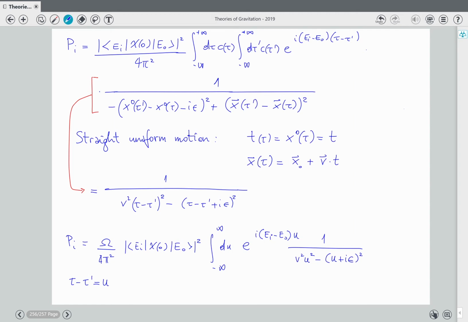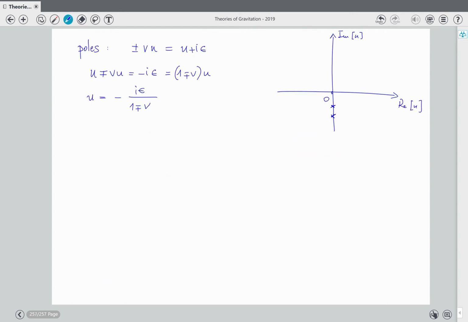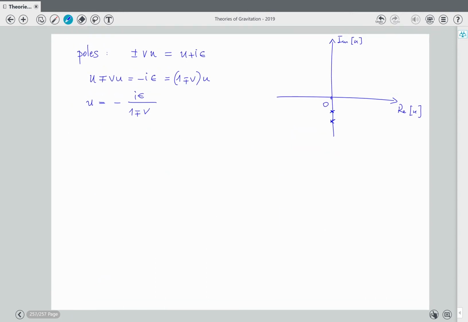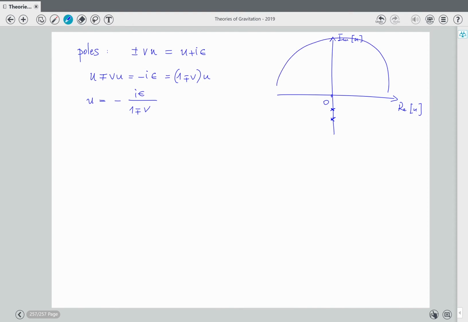but in the upper half plane, the exponential e to the i (Ei minus E0) u is decreasing, because Ei is certainly greater than E0, because that's an excited state.